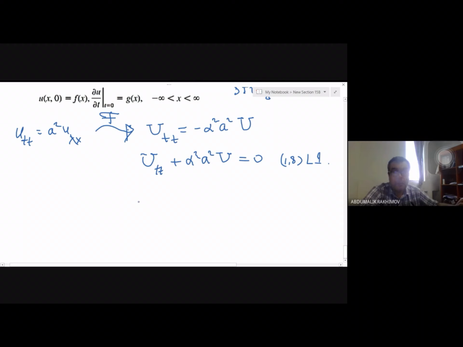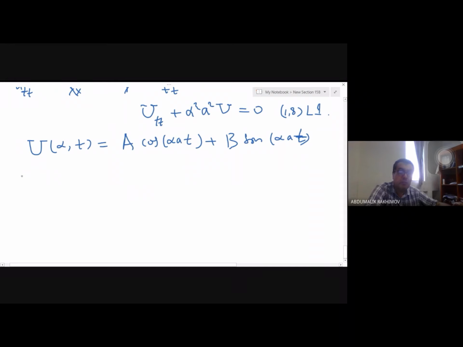So solution of this capital U function of alpha at t is equal A times cosine alpha a t, right, plus B times sine alpha a t. Okay. To find A and B, we use initial conditions.